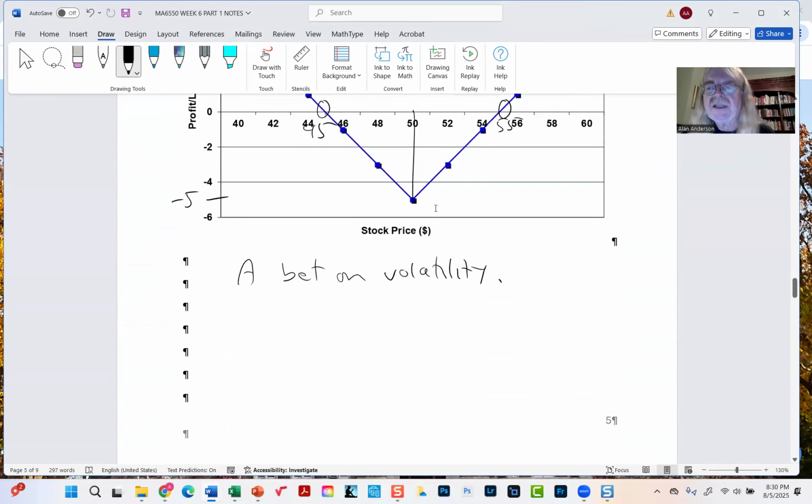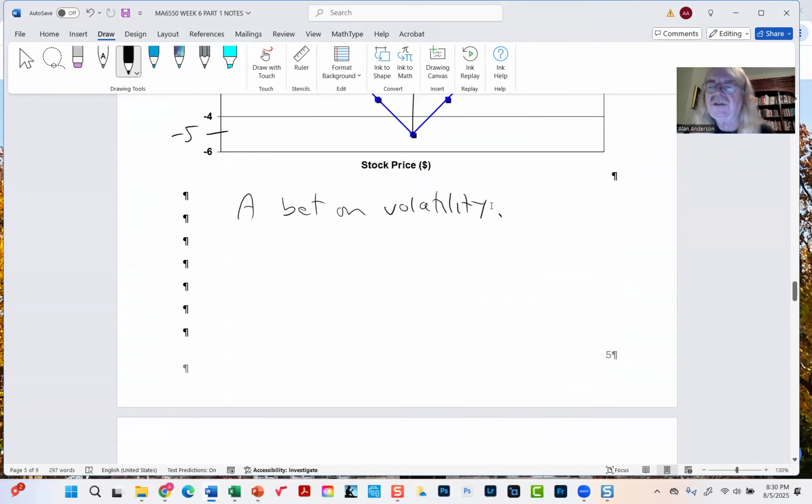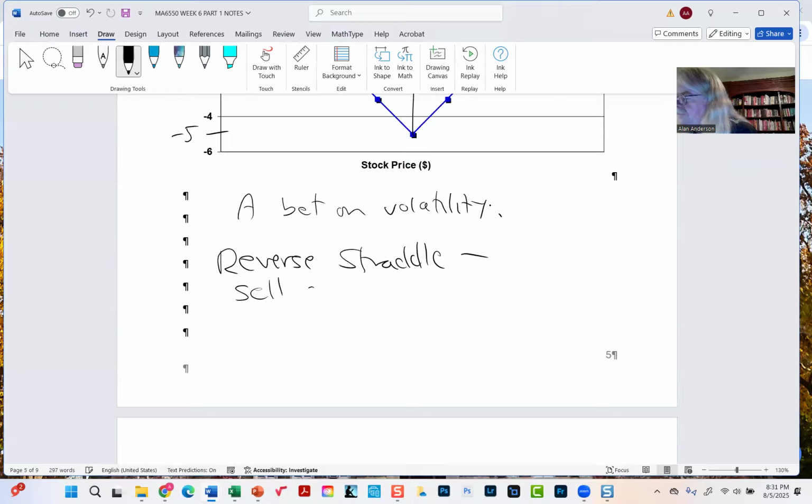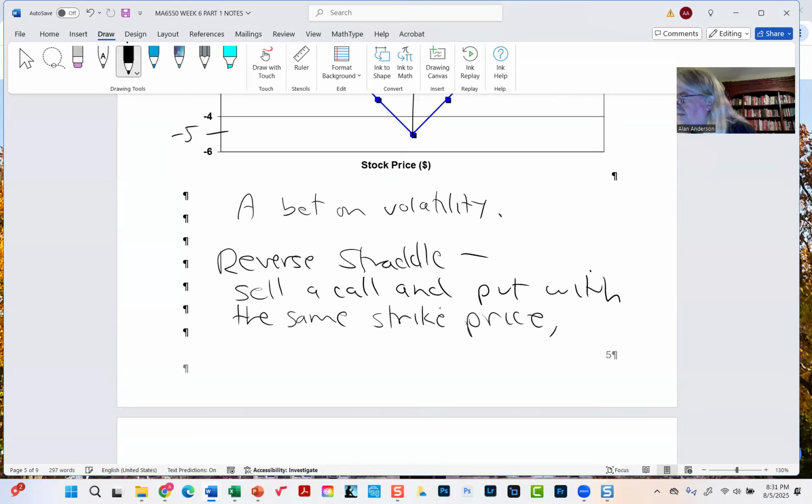Now, of course, you can probably guess that if we have the opposite outlook, we're going to set up what's called a reverse straddle, where we sell them both. And of course, everything's the same again, the same strike price, asset, and maturity.